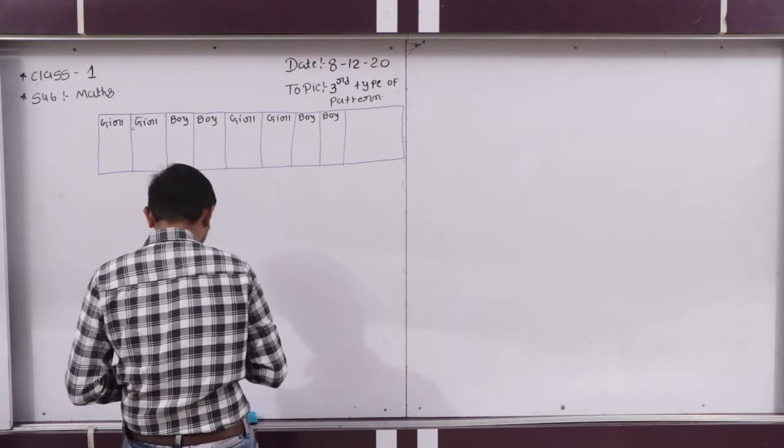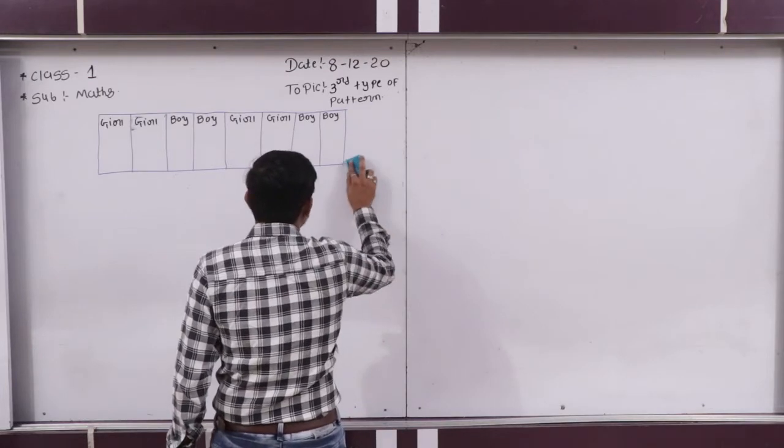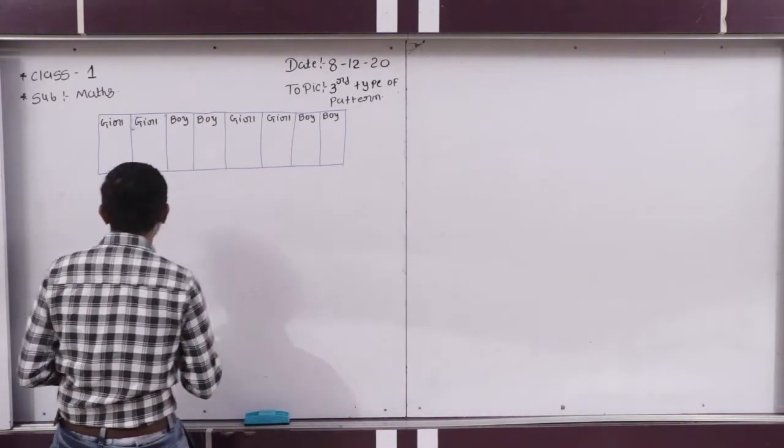So our table is ready here: girl, boy, and afterwards again girl, boy.